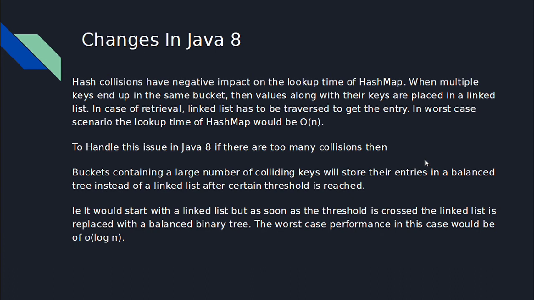Now that brings us to the changes in Java 8. There were some issues with this implementation, since there were instances where there were a lot of key collisions, when different keys have the same index. That is called hash collision, or index collision, or key collision. In that case we had a big linked list which we had to traverse to find the element.